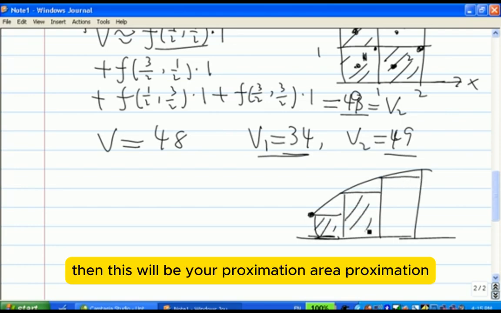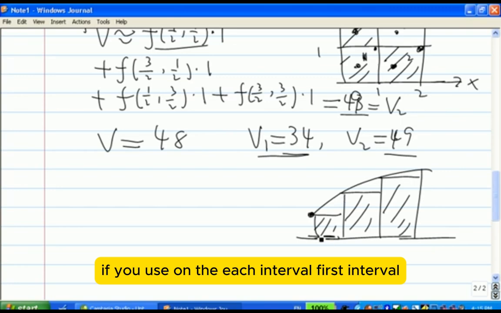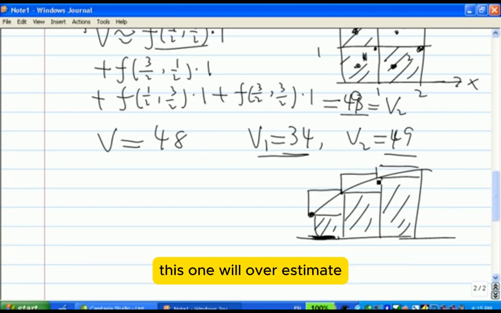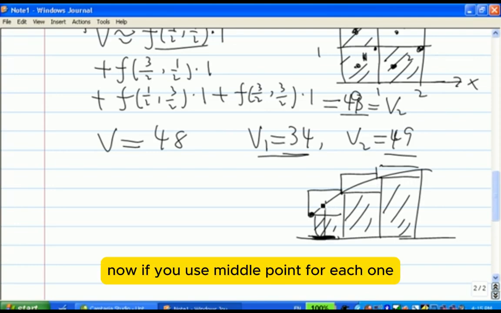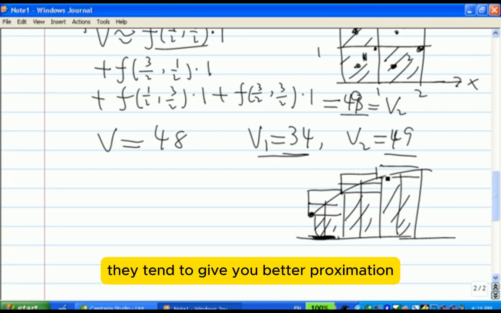Then this will be your approximation, which is an underestimate. If you use the right endpoint on each interval, you make a different approximation. This one will overestimate. Now, if you use the middle point for each one, they tend to give you a better approximation.